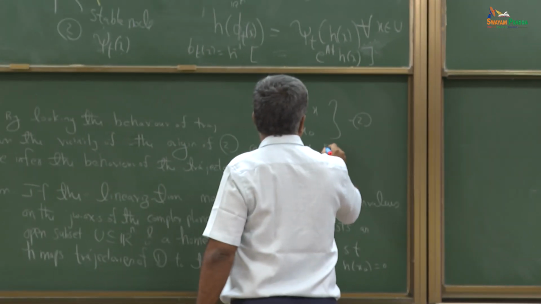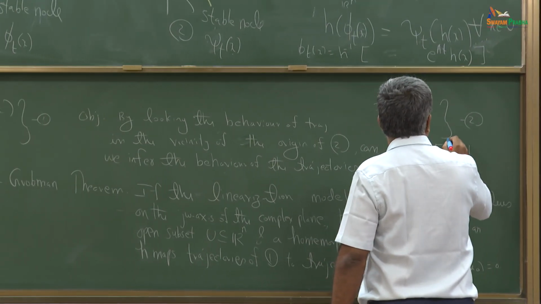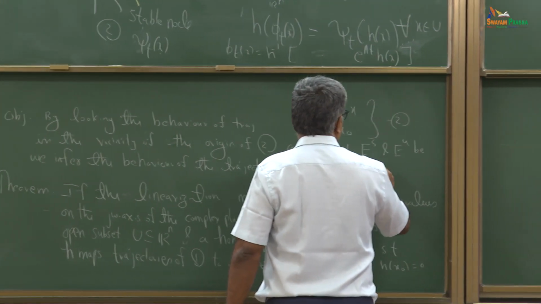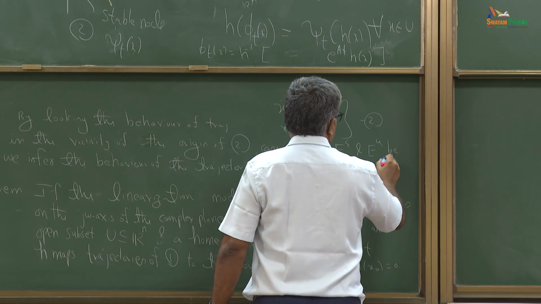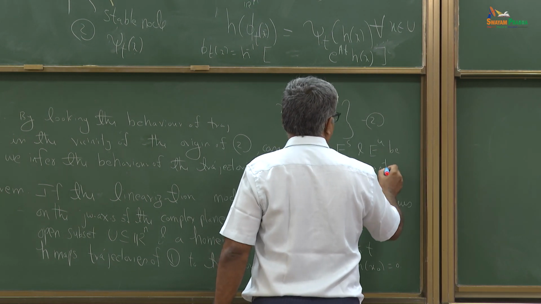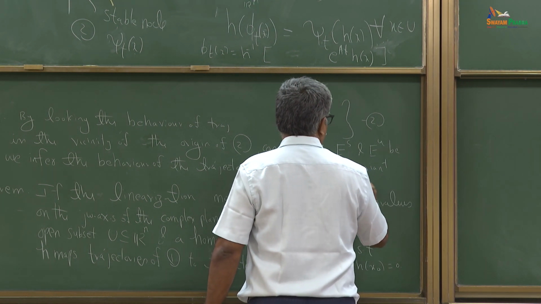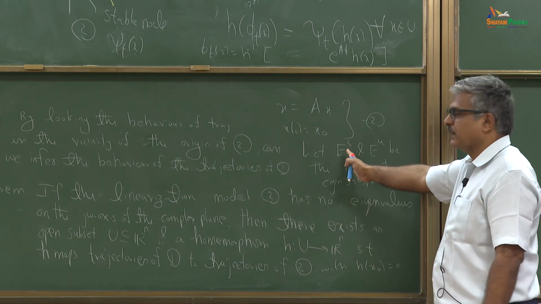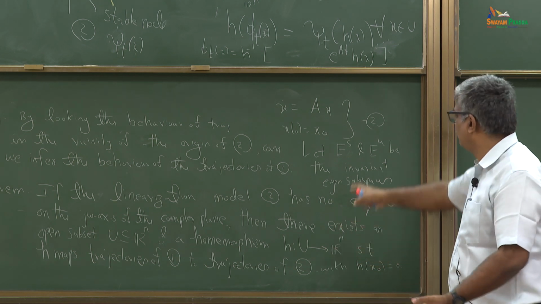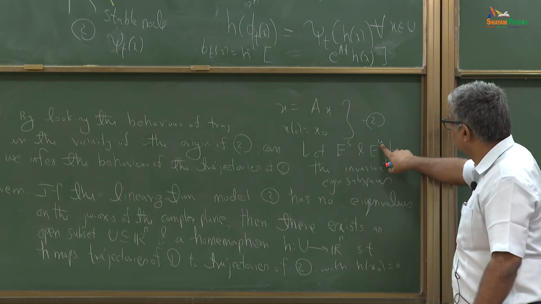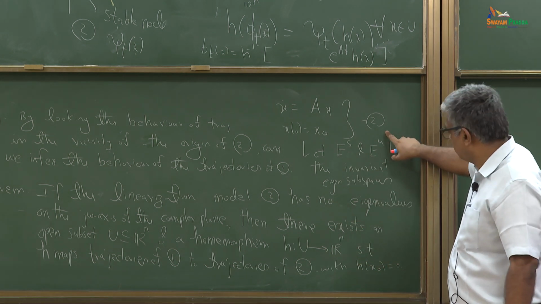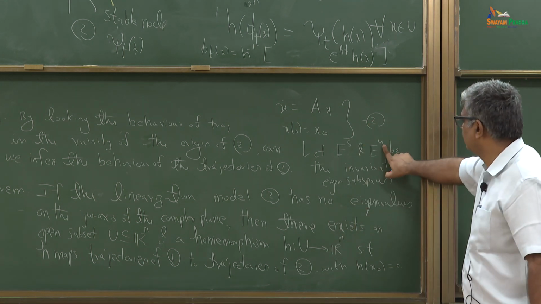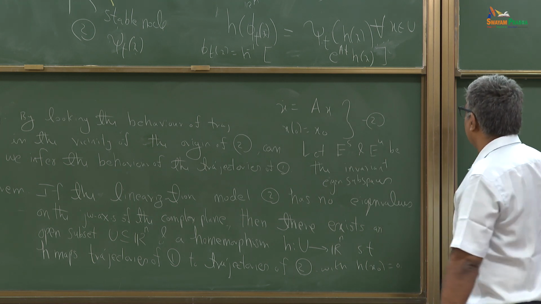Let E S and E U be the invariant eigen subspaces. You can find this. This will be just the span of the eigenvector corresponding to the negative eigenvalue. This will be the span of the eigenvector corresponding to the positive eigenvalue. That is why we use unstable here, and this is stable.